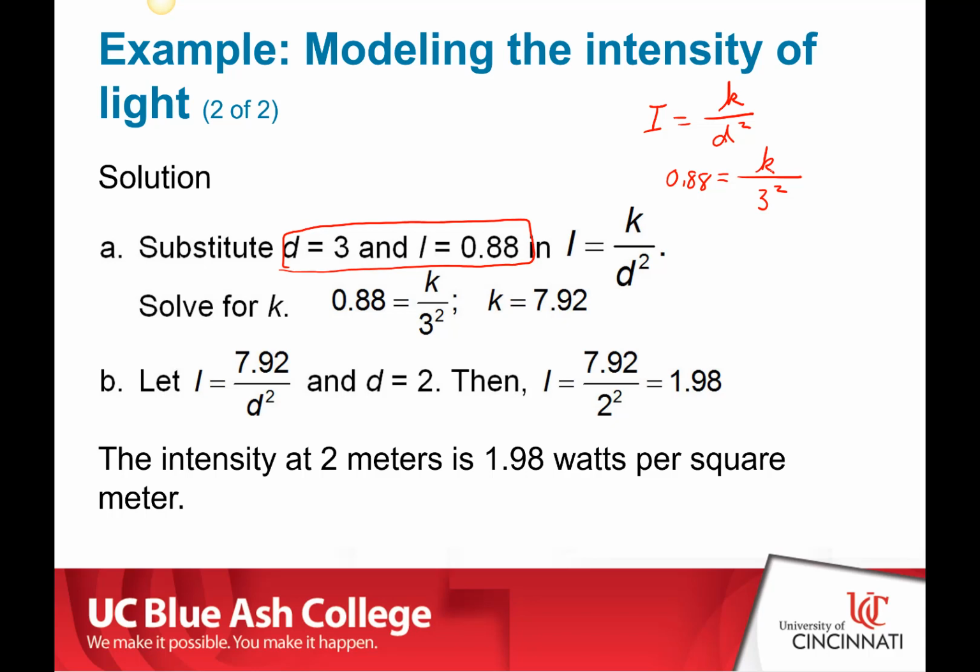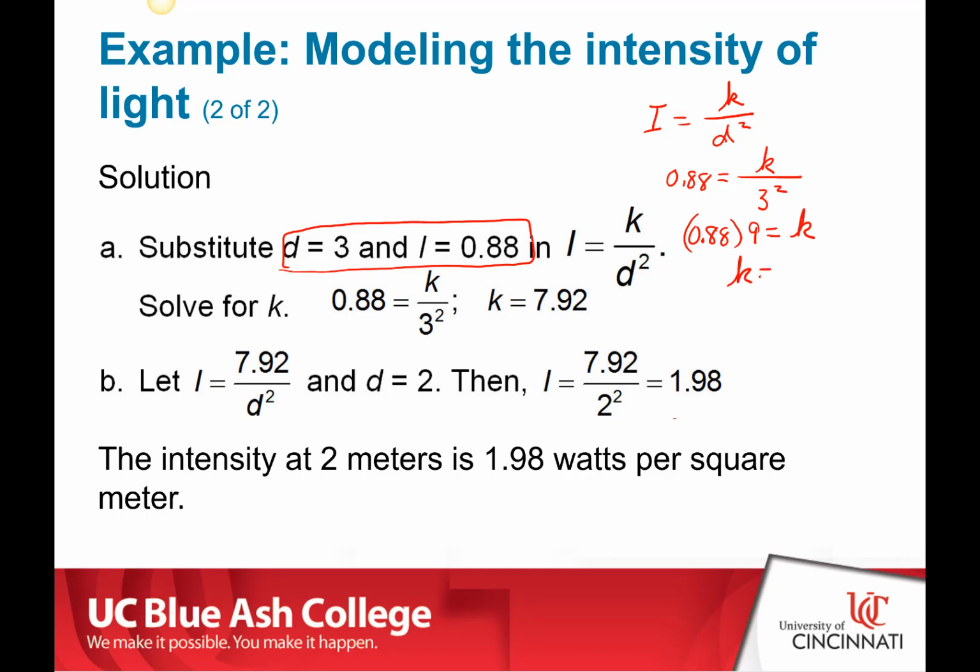How would you find k? Yeah, multiply both sides by 9. Does that make sense? So you're going to have the 0.88 times 9 equals k.